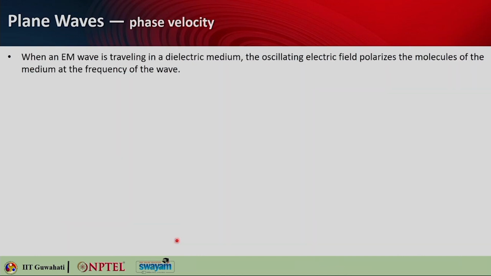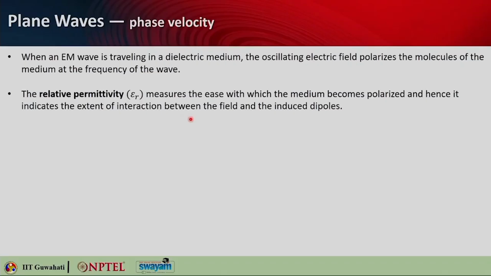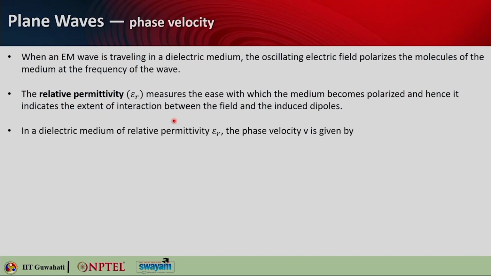Now when an electromagnetic wave is traveling in a dielectric medium, the oscillating electric field polarizes the molecules of that medium at the frequency of the wave. Relative permittivity is basically the measure of the ease with which the medium becomes polarized, and hence it also indicates the extent of interaction between that medium and the electromagnetic field.